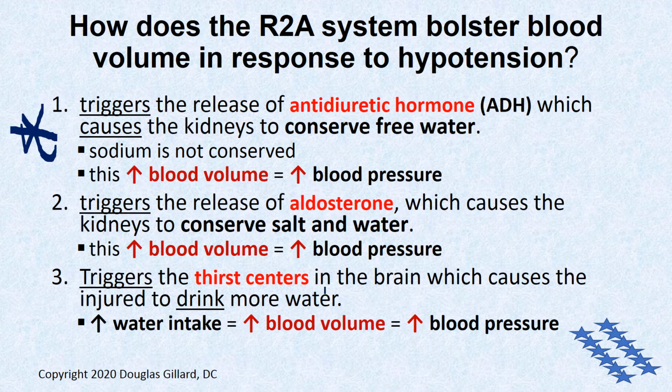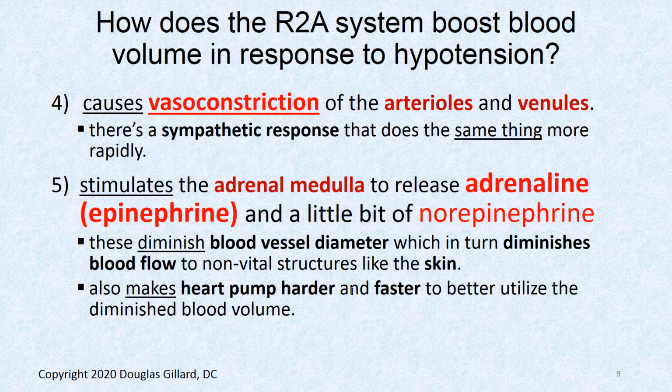It also triggers the thirst centers in the brain to make the person bleeding very thirsty, and they drink water. That's a weak mechanism, but it helps a little bit. It also causes flat-out vasoconstriction of the arterioles and venules, exactly like the sympathetic response does. Sympathetic outflow is not a sustained, prolonged type of thing.